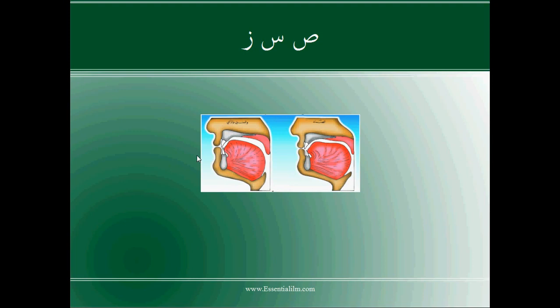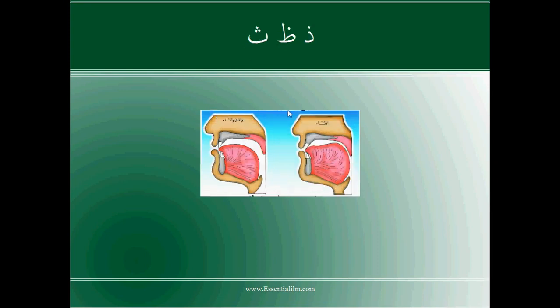It's a very light touch, almost like it's not touching. And because sad is a heavy letter and one of the four heaviest that I told you about, the middle and the back of the tongue rises when touching this portion. And for sin, for zay.